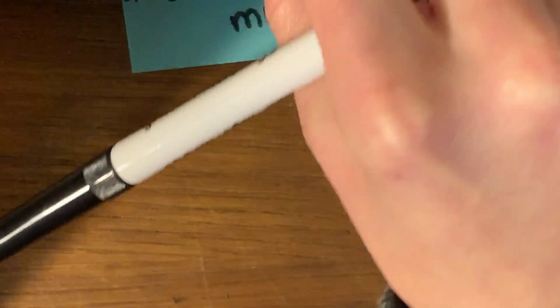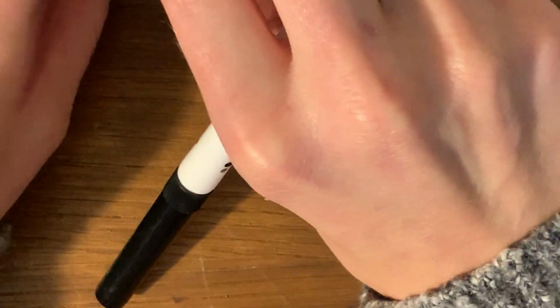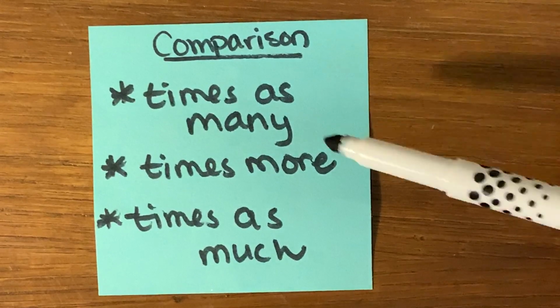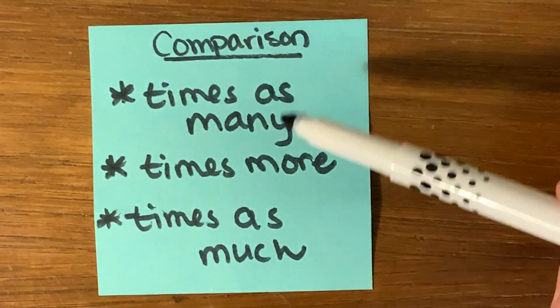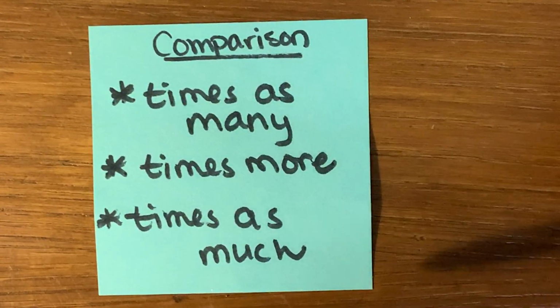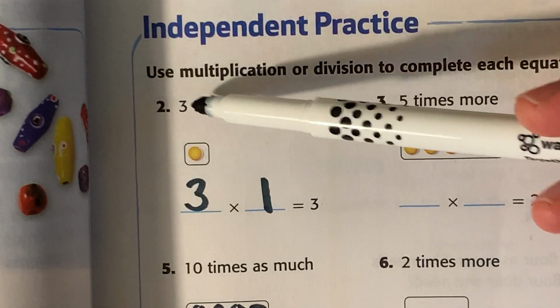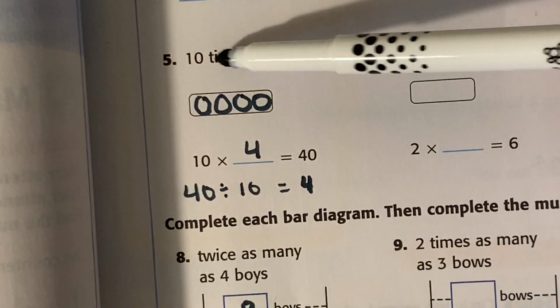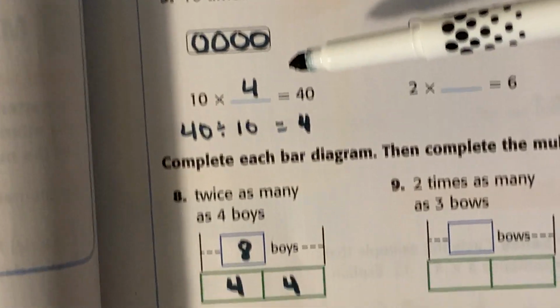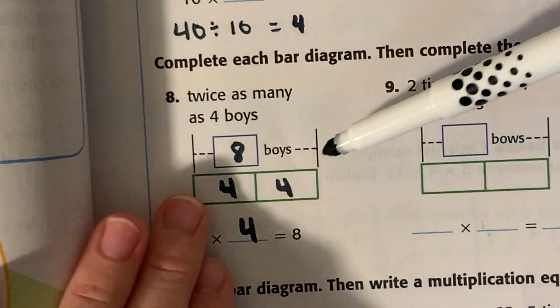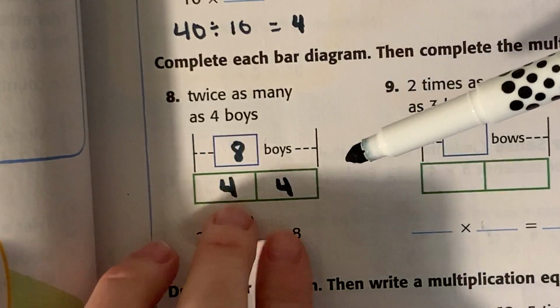So like I was saying before, there's different language that they use when they're wanting you to compare. So times as many, times more, and times as much. So here you were seeing we were comparing 3 times as many as that one, 10 times as much as the 4 that are here, twice as many as 4 boys, so twice as many as those 4.